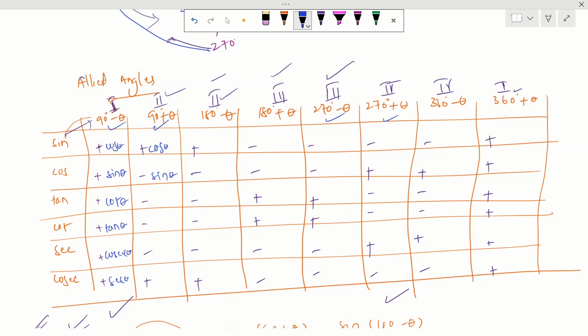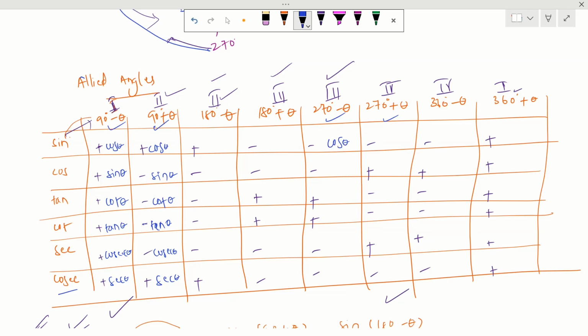Okay, now tan will be converted into cot. So the same thing I'm writing: tan theta, secant will be converted into cosecant, right? Cosecant will be converted into secant. Understood? So in the case of sine, it will be converted into cos.